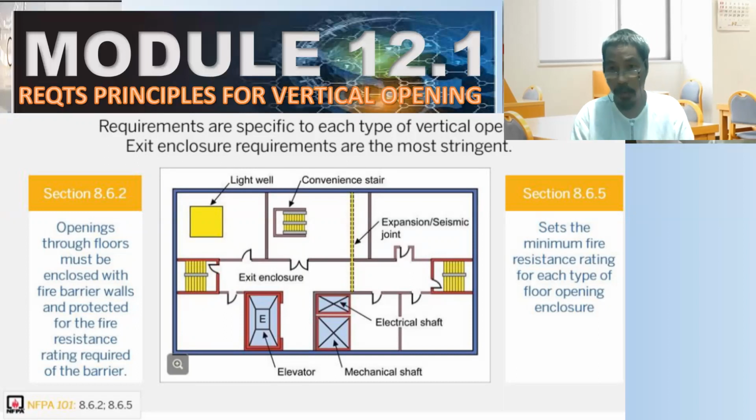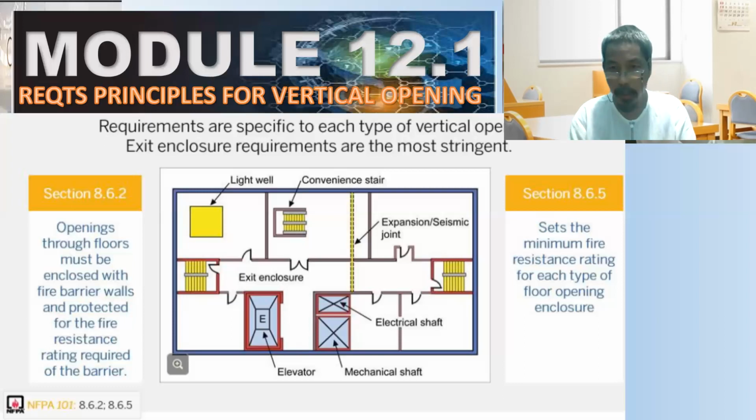Most architects will also know about this, because they have the design plans which consider all the engineering disciplines. From the mechanical point of view, there are provisions for vertical openings, for electrical, for electronics, and also for structural.